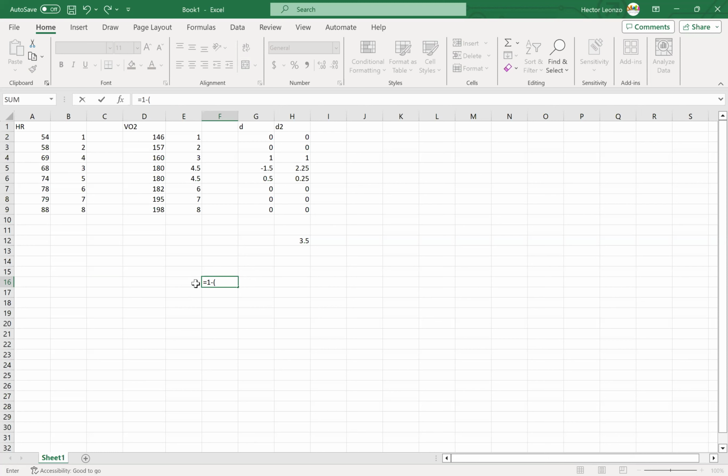The top of my fraction was 6 times 3.5, which is this number. Close parentheses, divided by, open parentheses. At the bottom, I had 8 times 63. And there you go. It's rounded to 5 decimal places. So I'm going to call this 0.95833.